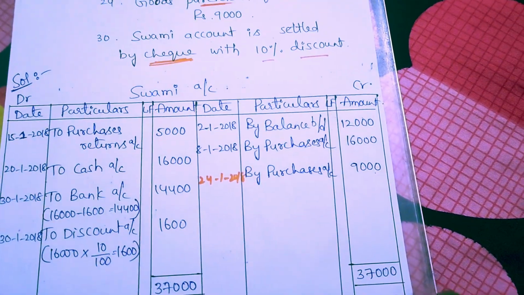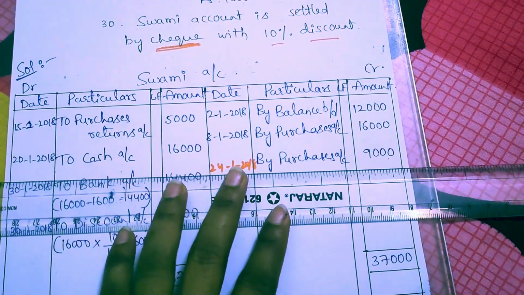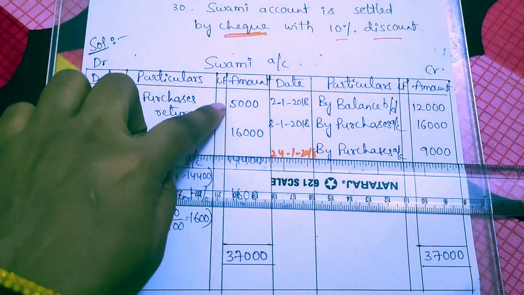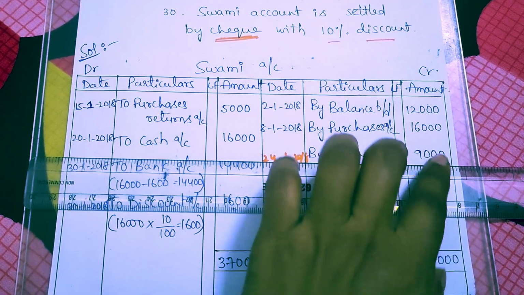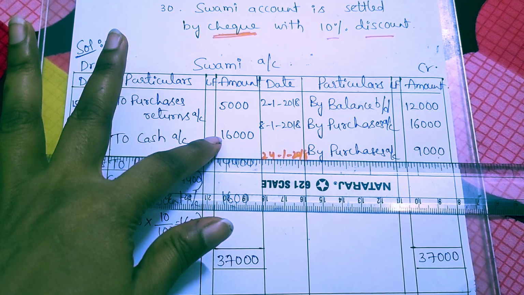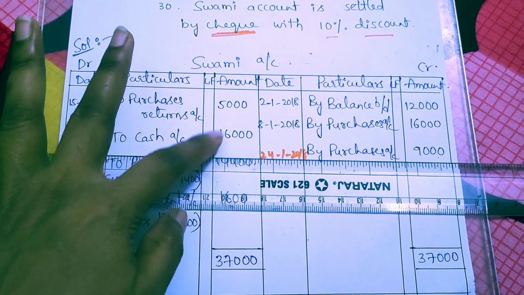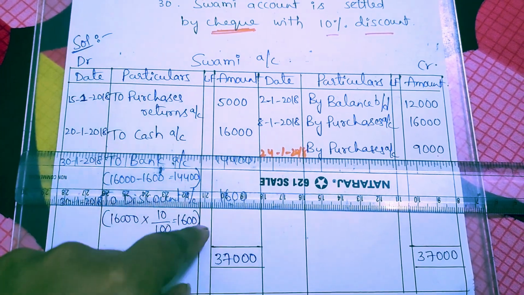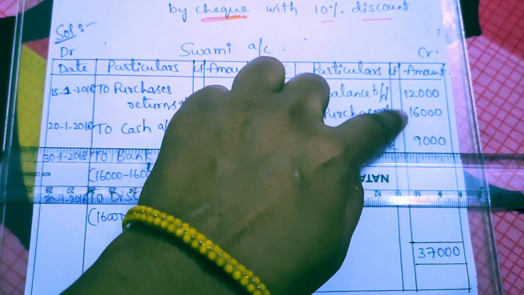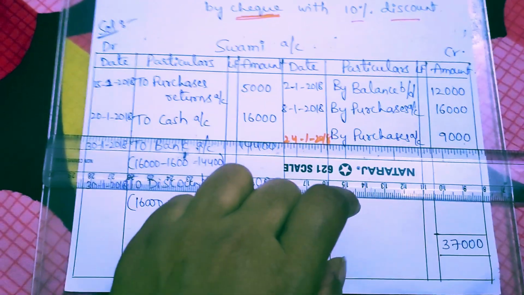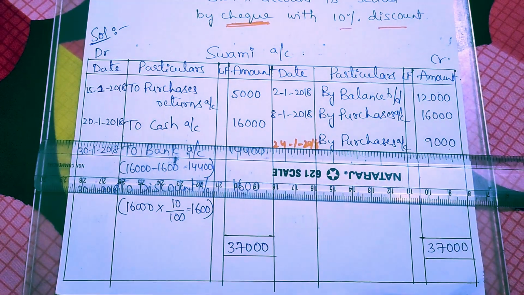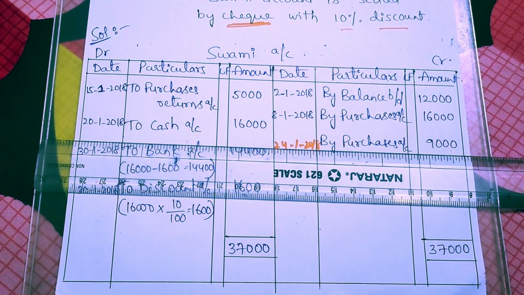Let us see the totals. Now we recorded amounts only till here. Debit side till here. Only this we recorded. Okay. So credit side, this 3 we recorded. Let us do totals. 5,000 plus 16,000, it is 21,000. Debit side amount is 21,000. Okay, these two totals 21,000. And credit side is 12,000, 16,000, 28,000 plus 9,000, 37,000.